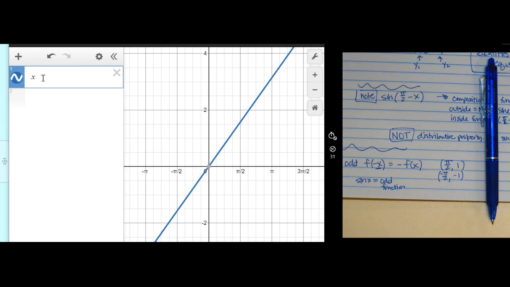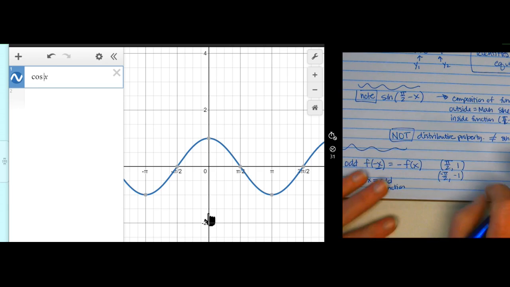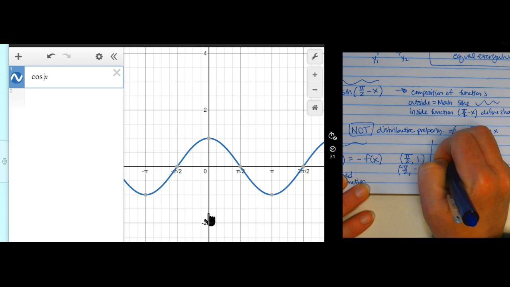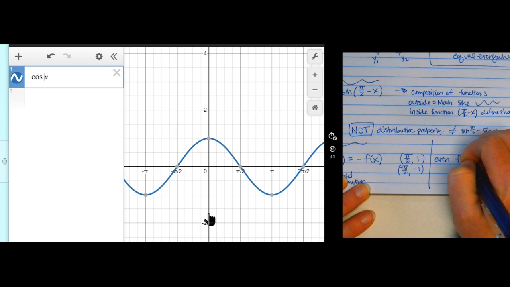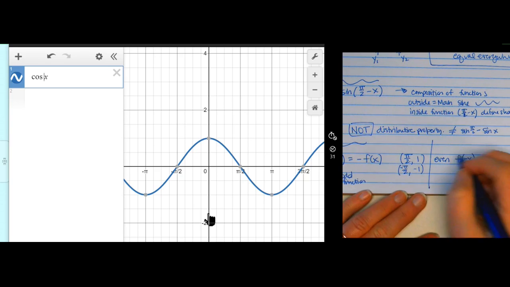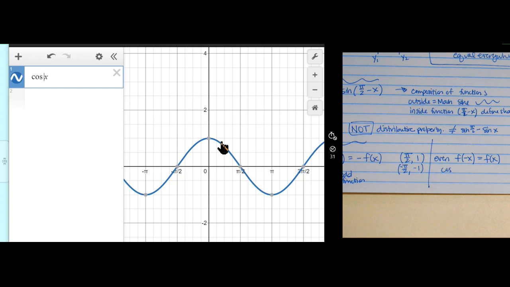The difference is cosine. Cosine, if you folded a piece of paper right here along the y-axis, you get exactly the same thing. So even functions, you plug in the opposite value and you get the same value out. So cosine of, let's do the same thing.